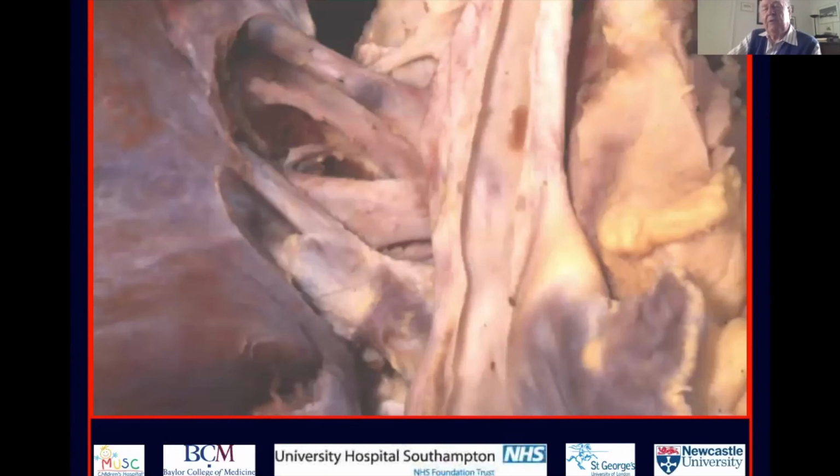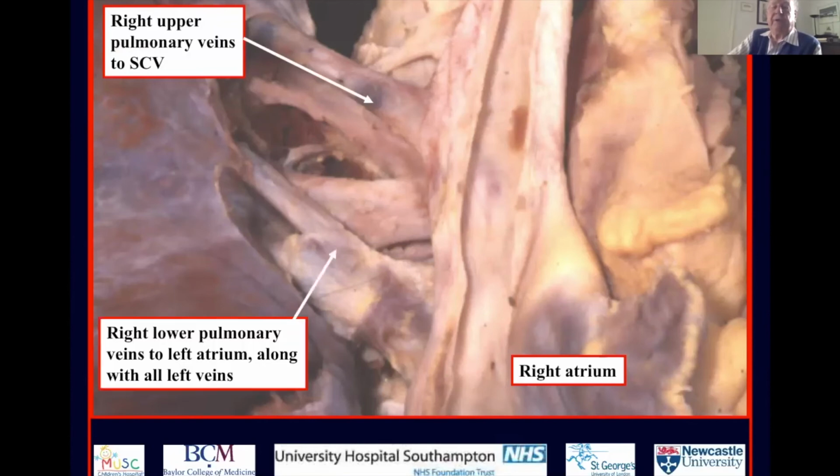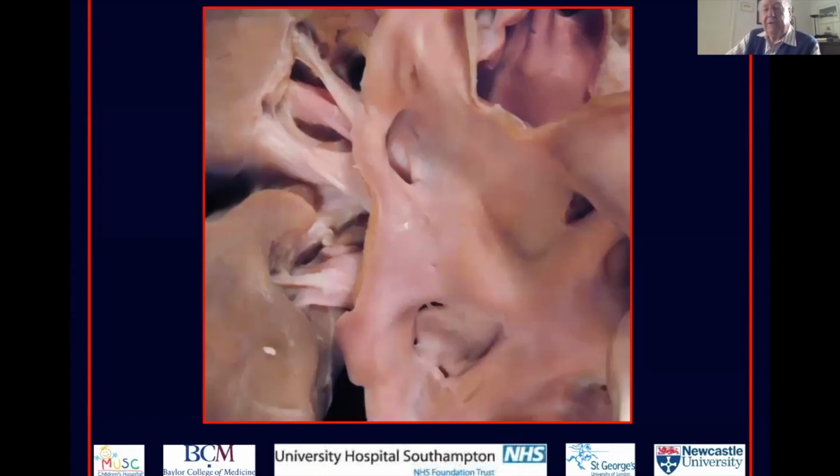Because when we look at partial anomalous pulmonary venous connection, I'll come back to this very shortly, but you're looking at this from the right side. There is the right atrial appendage, and there is a right upper pulmonary vein that is draining anomalously into the superior caval vein. The right lower pulmonary vein, along with all the left veins, is draining into the left atrium. And I show you this because I want you to compare it with this arrangement.